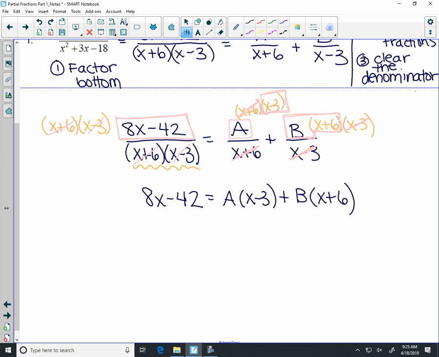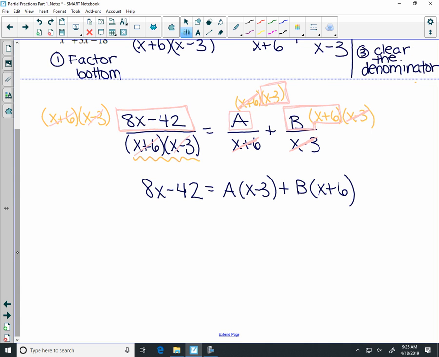So the idea, we want to find A and B, they are constants. Once we find A, we can plug it in. Once we find B, we can plug it in. They're not really variables, we've got to find them. X is a variable. We can make X anything we want. So you can be as creative as you want.